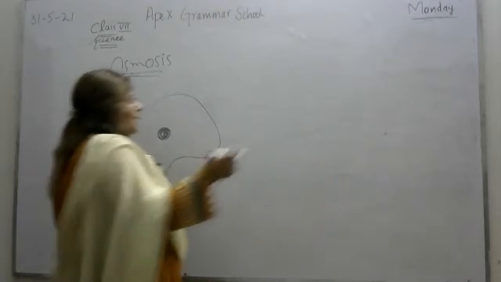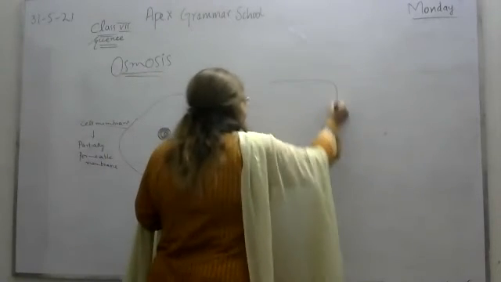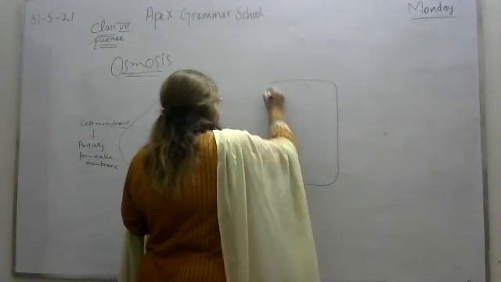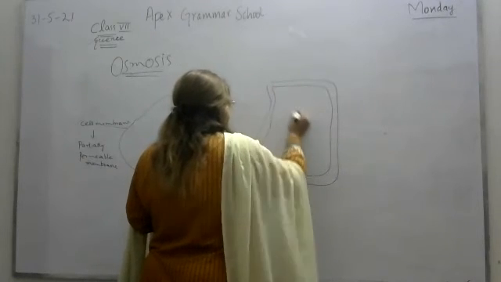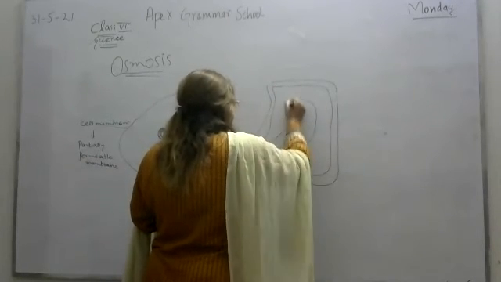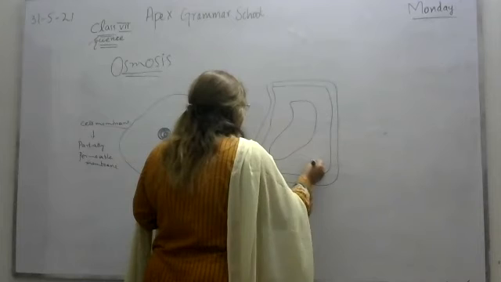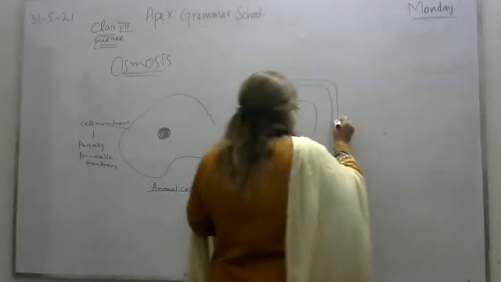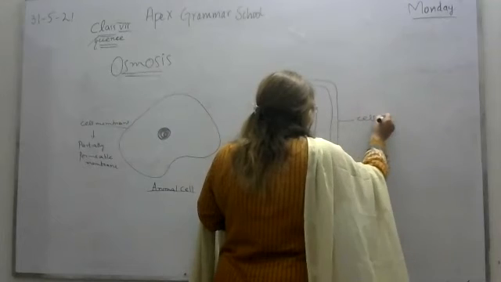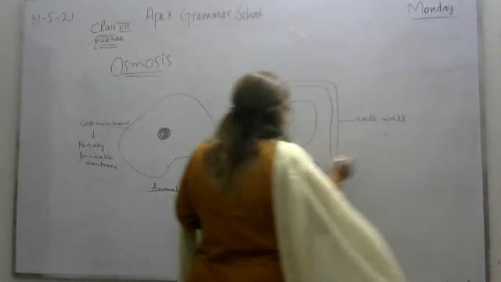Now the plant cell. We all know that all plant cells have a cell wall, and inside the cell wall there is a cell membrane, and in the center there is a large vacuole, and the nucleus is at one side. This is the cell wall. It is rigid. It cannot change its shape.